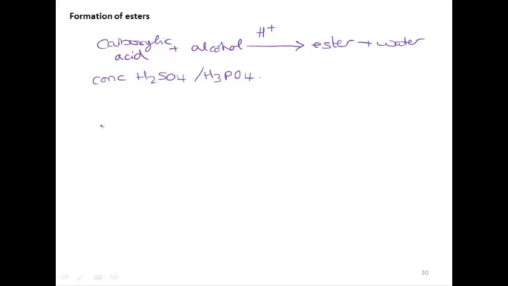A couple of specific examples here. Let's start with ethanoic acid, and let's do it with a tertiary alcohol, tertiary butanol.